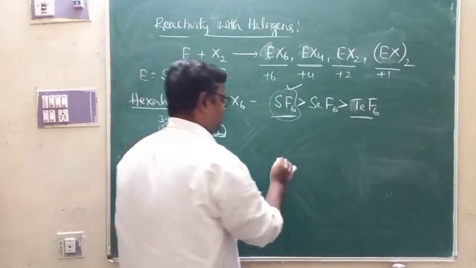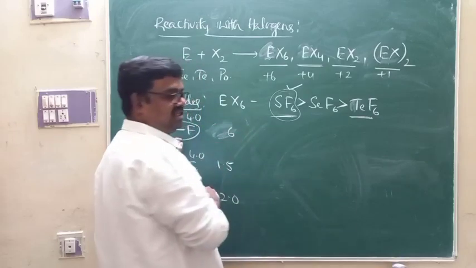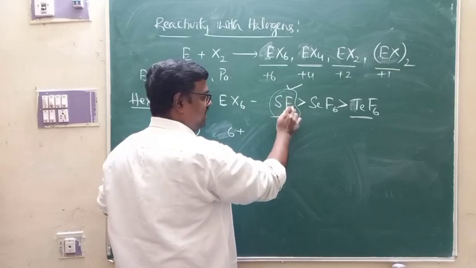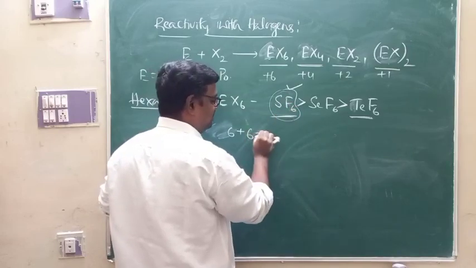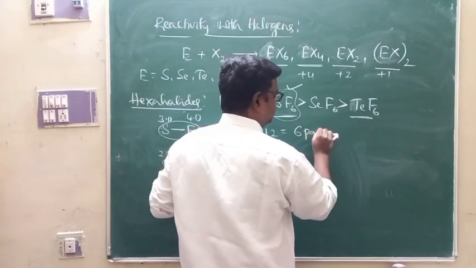As far as structure is concerned, look at this. Group 16 elements have 6 valence electrons. Each halogen provides 1 electron, so 6 halogen atoms provide 6 electrons. Totally 12 electrons, that is 6 pairs.